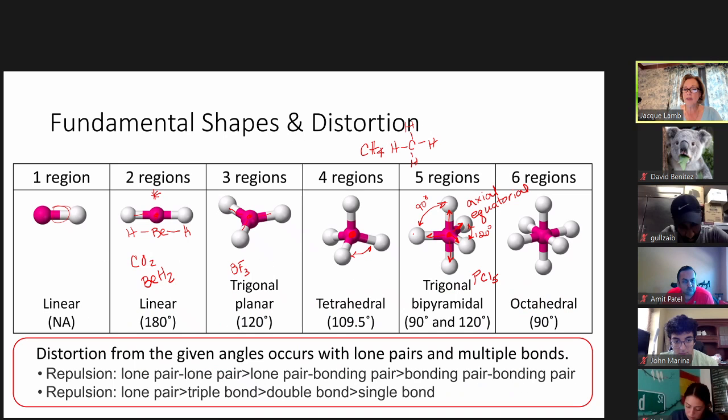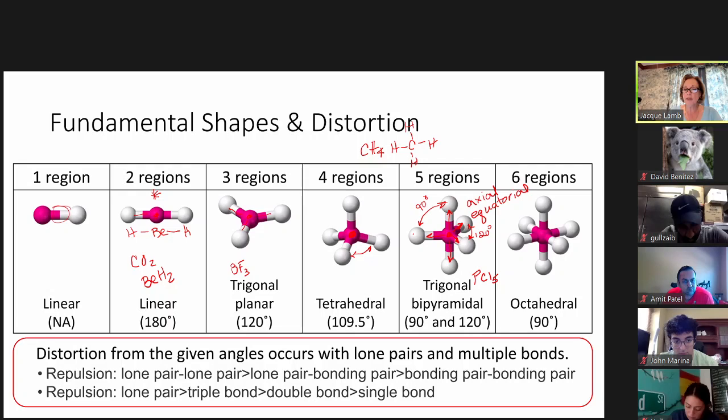This is called a trigonal bipyramid. If you think of a pyramid having a square base and pointing up to an apex, this is very similar to that, except the base, instead of being square, is actually triangular. So you have a trigonal bipyramid because you have an apex pointing up and an apex pointing down.